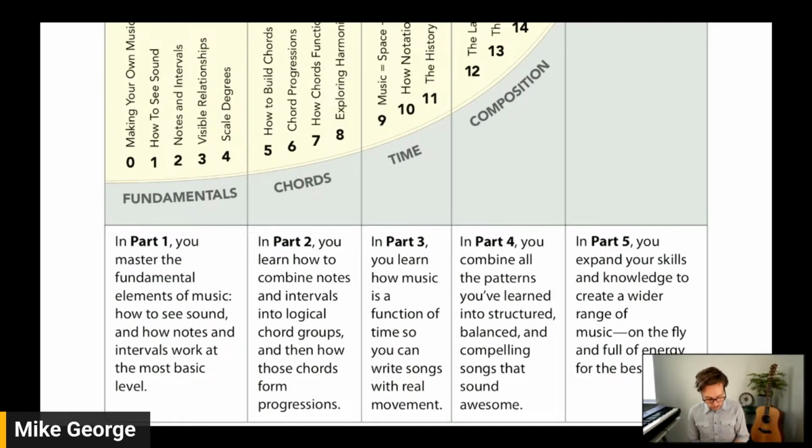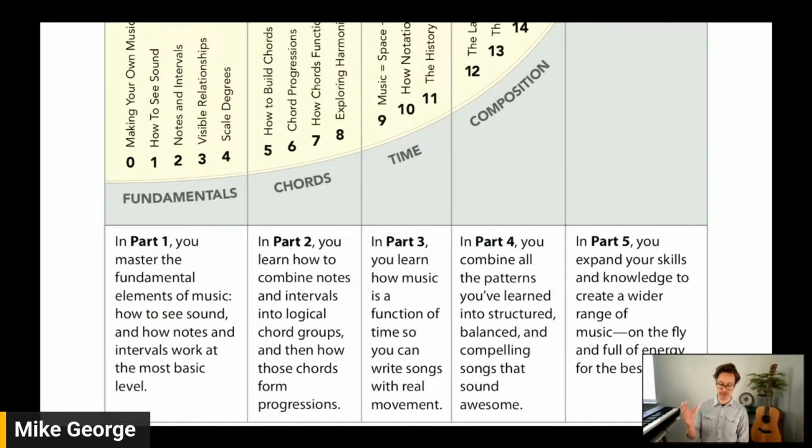In part 2, you learn how to combine notes and intervals into logical chord groups, and then how those chords form progressions. In part 3, you learn how music is a function of time, so you can write songs with real movement. In part 4, composition, you combine all the patterns you've learned into structured, balanced, and compelling songs that sound awesome.